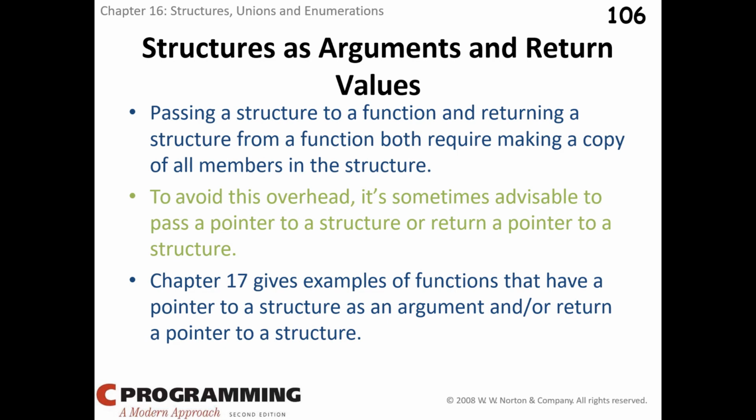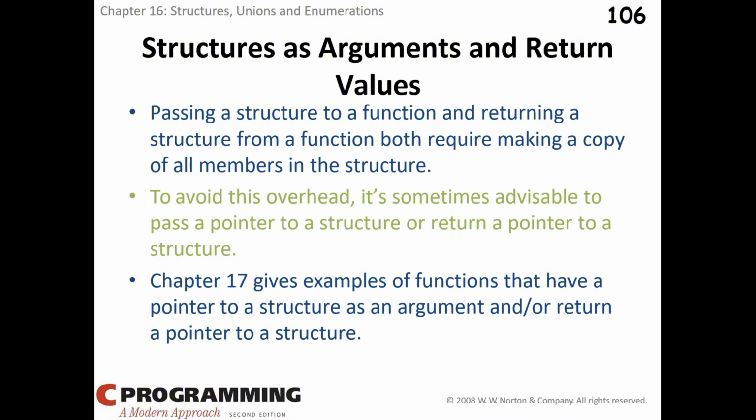By passing a pointer to a structure, we avoid the need to make a copy of the entire structure, as we are only passing the memory address where the structure is stored. And similarly, when a function returns a pointer to a structure, it avoids the overhead of copying the structure's members by simply returning a reference to the structure's memory location.